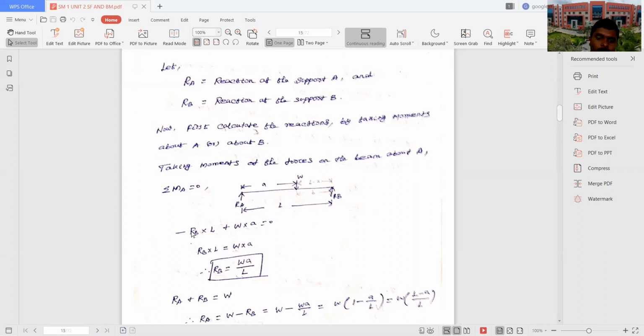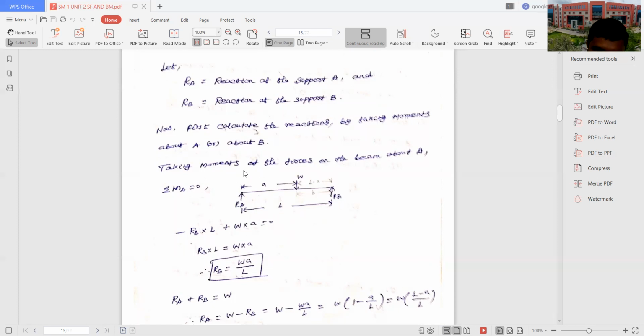Therefore, minus RB into distance L. Here we are finding out the reactions, so you don't consider that since this is an anti-clockwise force it will lift the beam, therefore positive, not like that. When you draw the SFD and BMD diagram only, you have to see the sign convention. So here only, suppose you are considering the section here, this load is towards anti-clockwise, therefore you have to put a minus value.